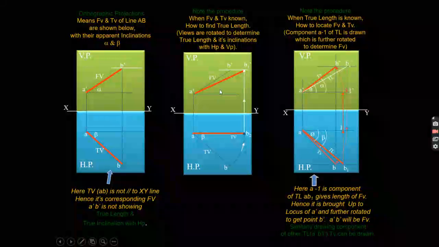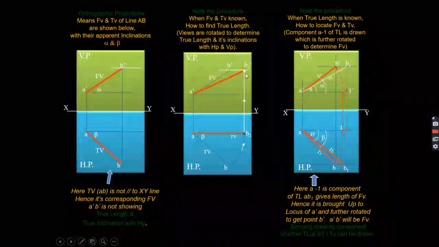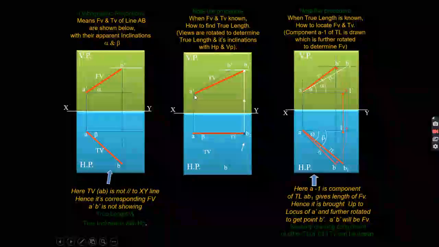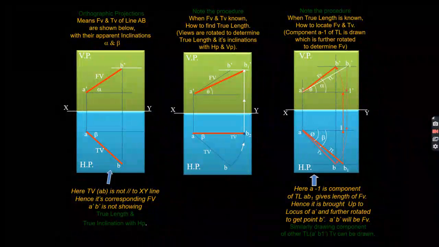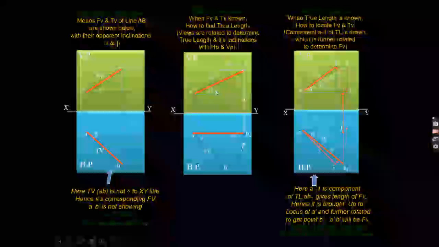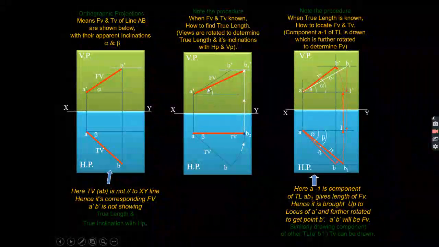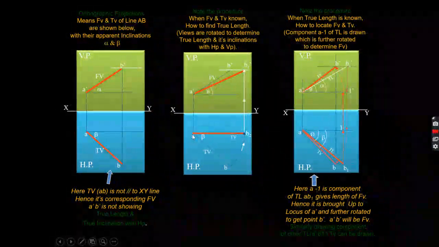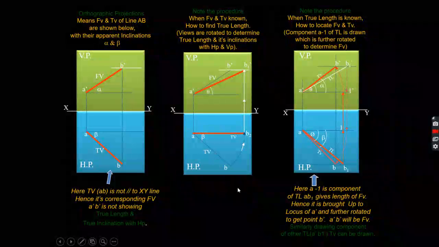And from that you can mark the true length of this line. Okay, and also you can find out the true angle if it is asked in the question. The same way you can also find out the true angle from the vertical plane also.